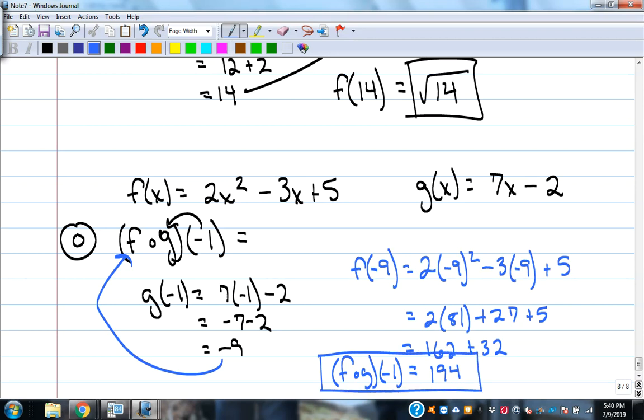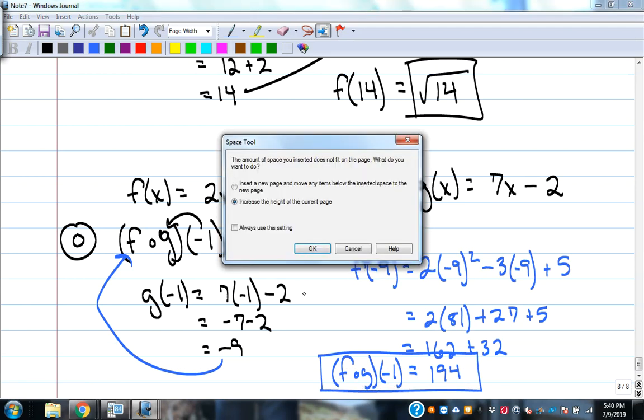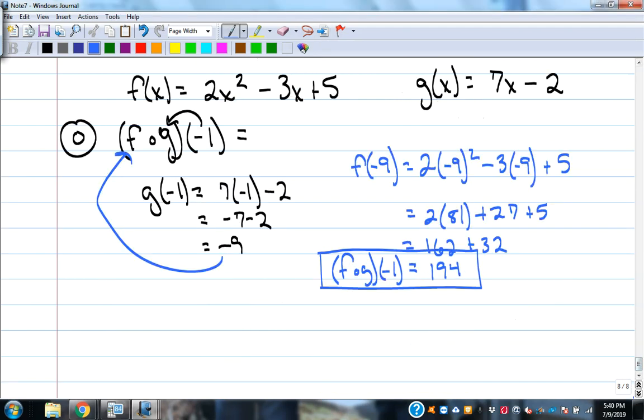All in the order that you put stuff in there. So if I took those same two functions and did the composition backwards, and let's say we did g composed with f of negative 1. In that order, which one does negative 1 go into?